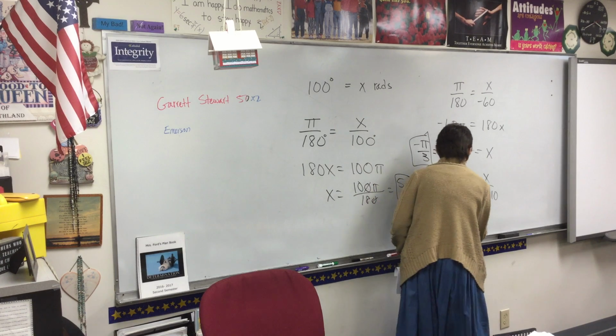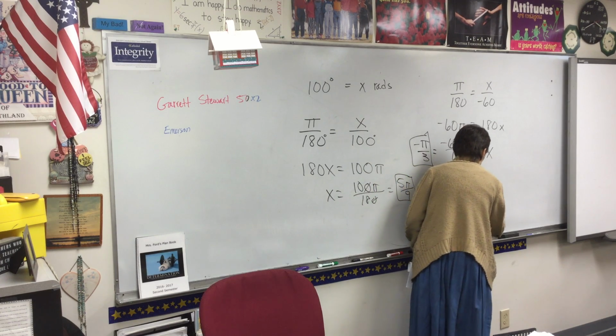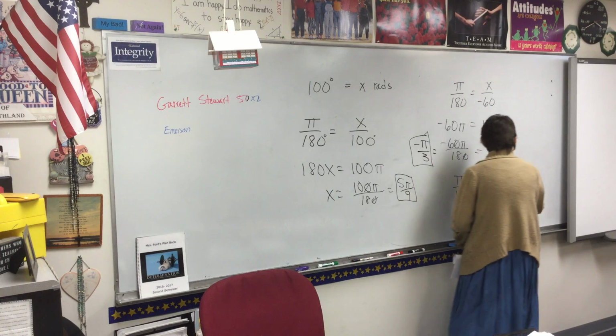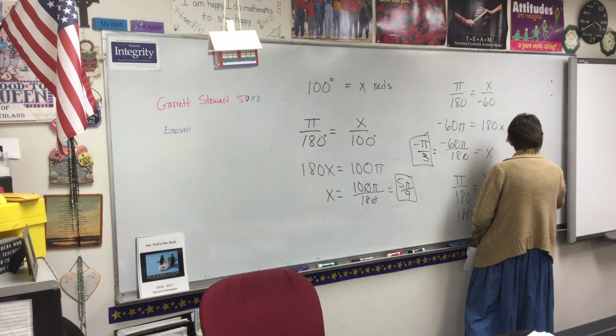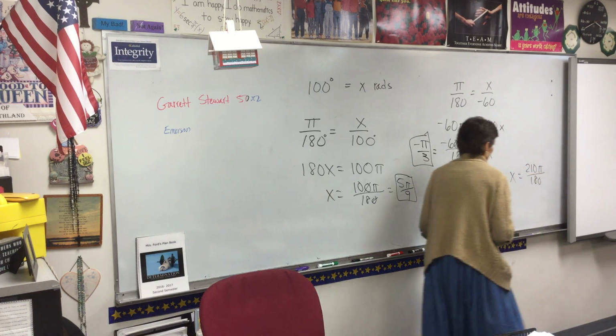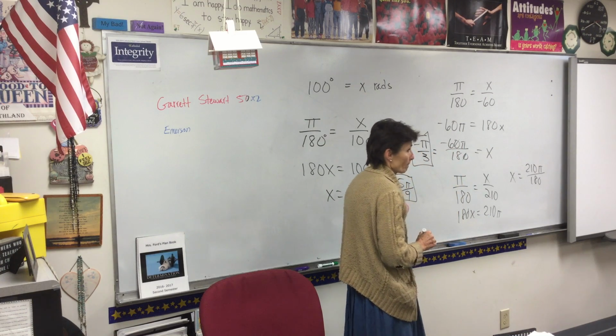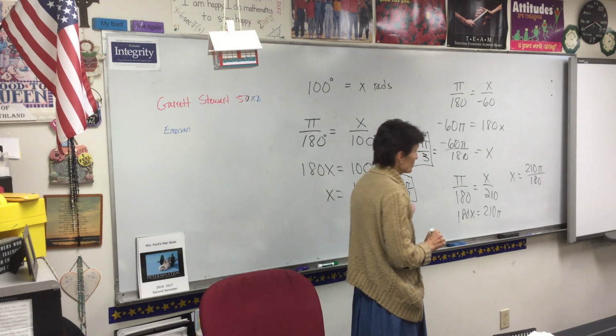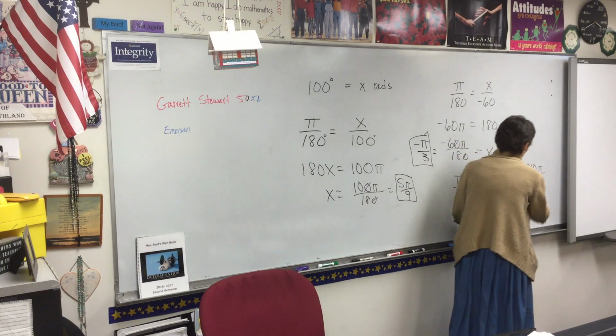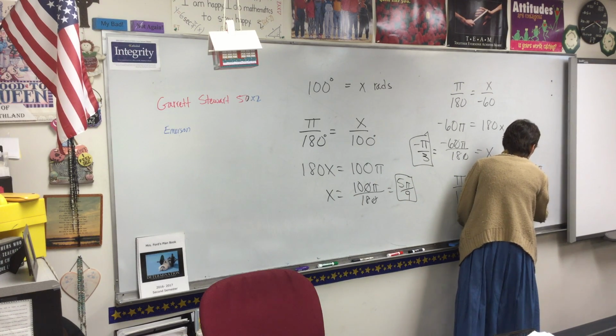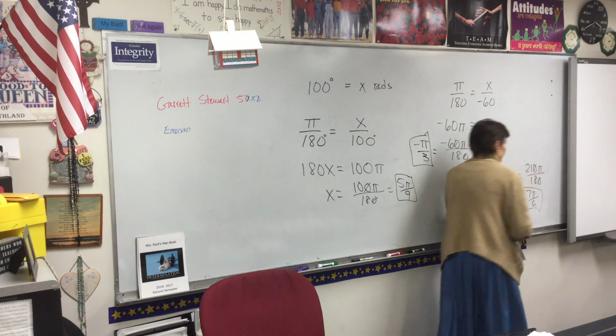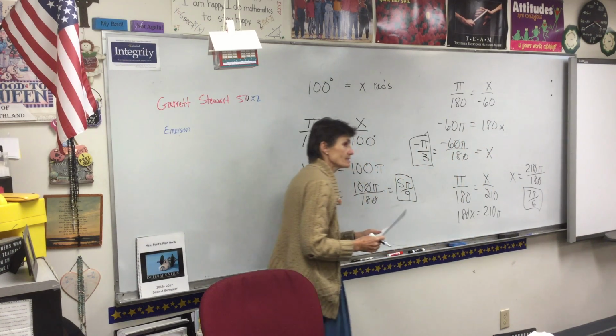So 180x equals 210 pi, and x equals 210 pi over 180, which will reduce to 7 pi over 6. Perfect. That seems easy enough, doesn't it?